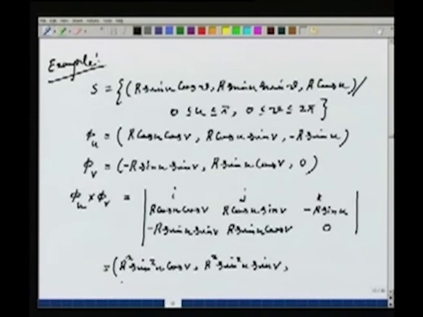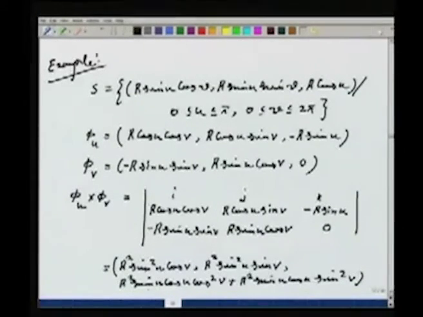K component gives me r square sin u cosine u cosine square v plus r square sin u cosine u sin square v. Okay.